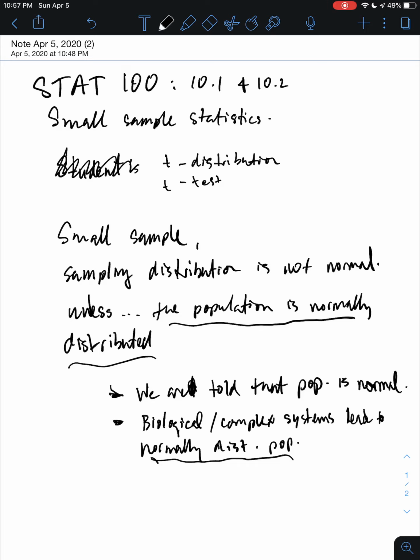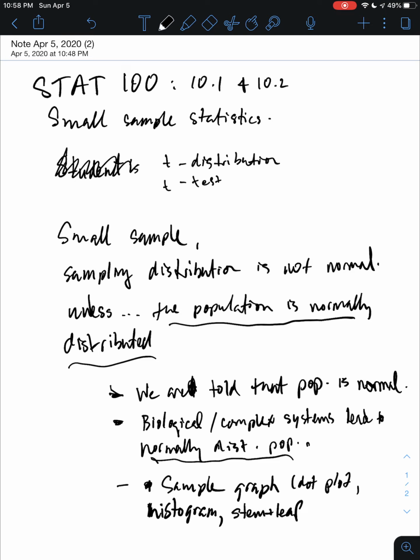So if we're working with biological systems, I think it's a reasonable assumption that the population is normally distributed. And the third case here is we take a sample and we graph the sample. We know a few ways of doing this: a dot plot, a histogram, a stem and leaf plot.